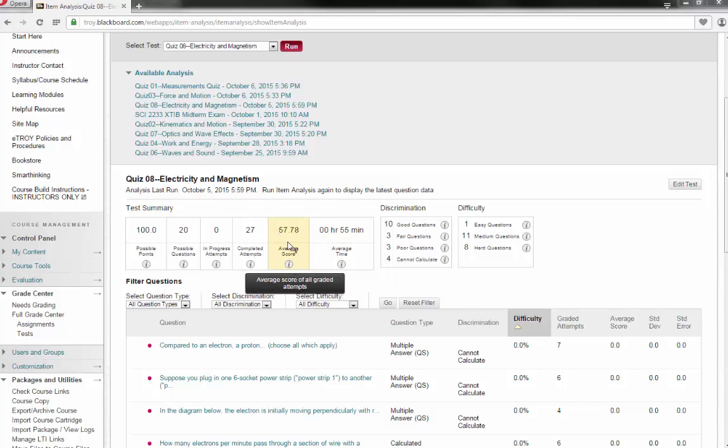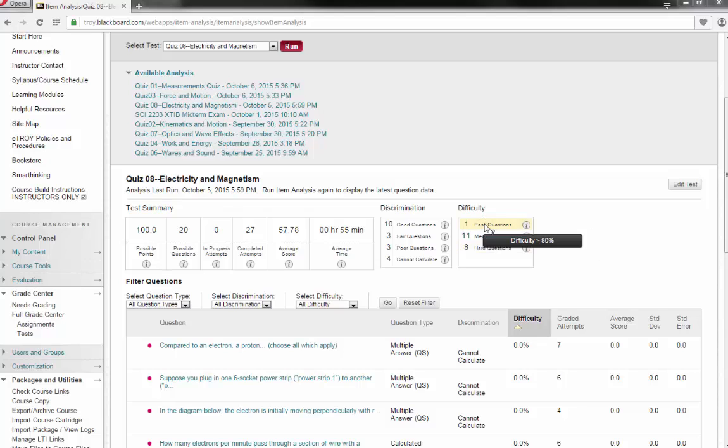The average score was a little lower on this one than on the previous quizzes. So if we judge solely by this average score, this is maybe the least easy quiz you've had so far. And Blackboard sort of concurs with that analysis as far as how the questions break down.